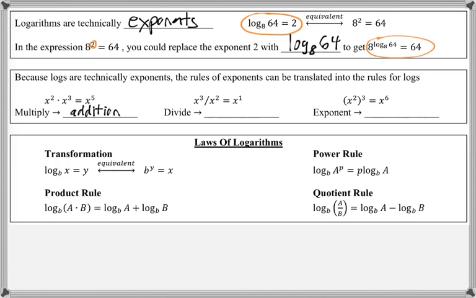So I'm changing a division problem into a subtraction problem. If I have x squared cubed, if I have power to power, I'm actually multiplying my exponents. So I'm changing an exponent into a multiplication.